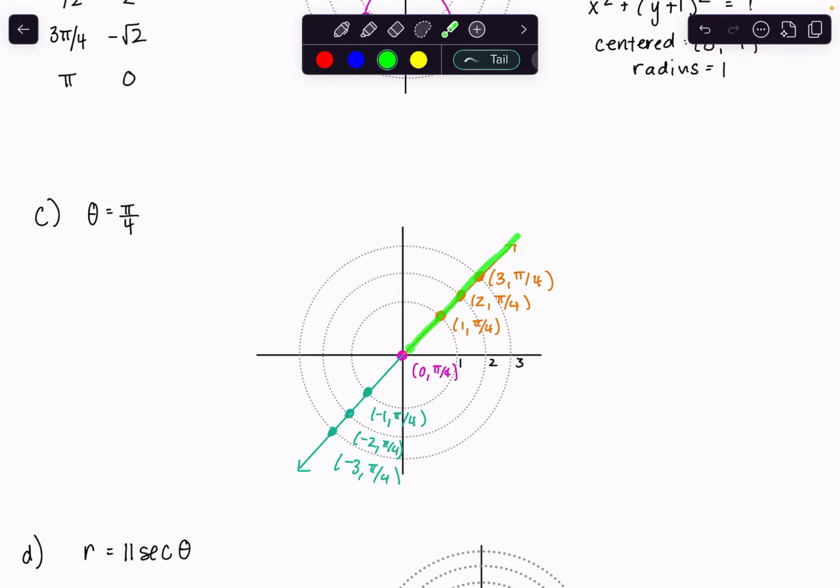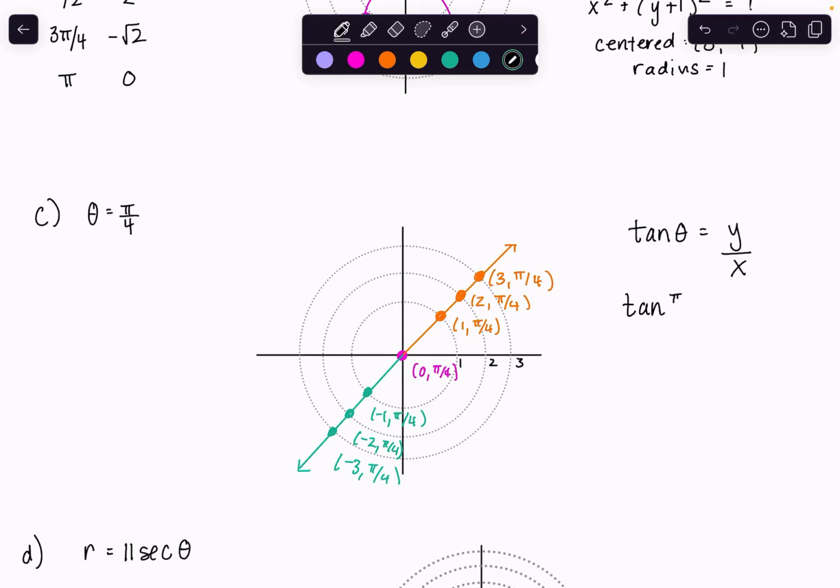So what you end up getting is really a straight line through the origin, or the pole. And the angle it makes is pi over 4, which is 45 degrees. So this would just be the equation y equals x. But to show you that is the equation, our connection to get rid of theta is we know tangent of theta is y divided by x.